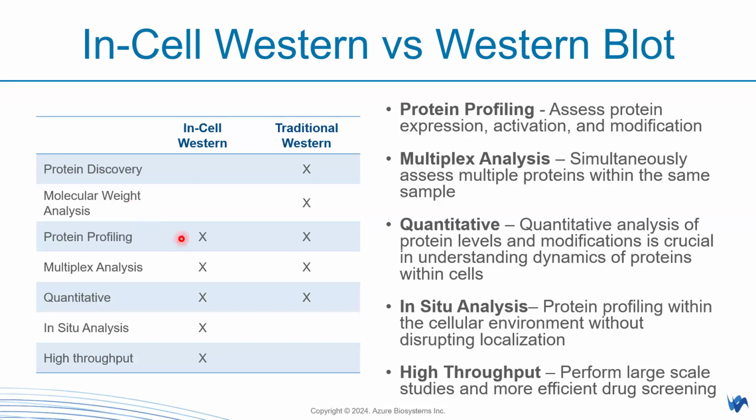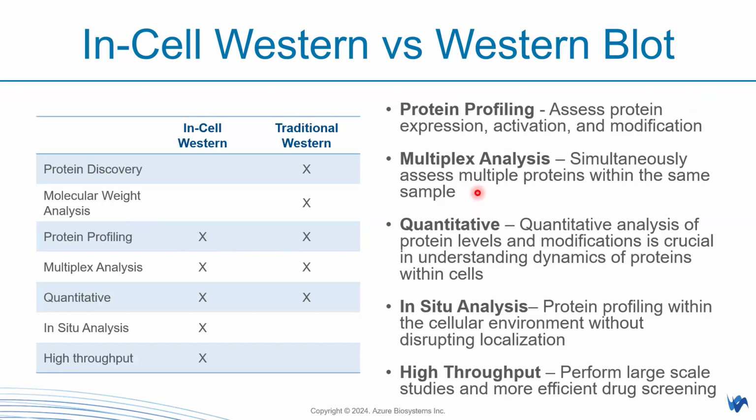And both in-cell Westerns and traditional Westerns allow you to profile the proteins, meaning you can assess the expression and activation, meaning whether the protein is expressed or not under certain conditions, having higher or lower intensity or expression based on different conditions as well. And both also allow you to do multiplex analysis.